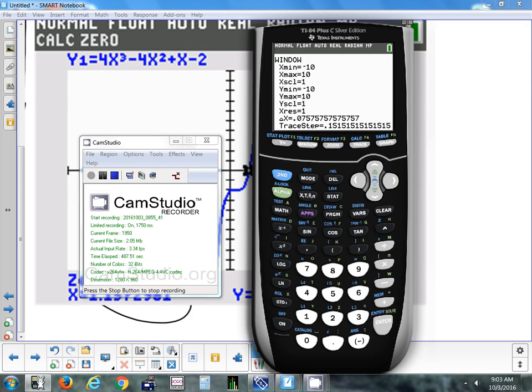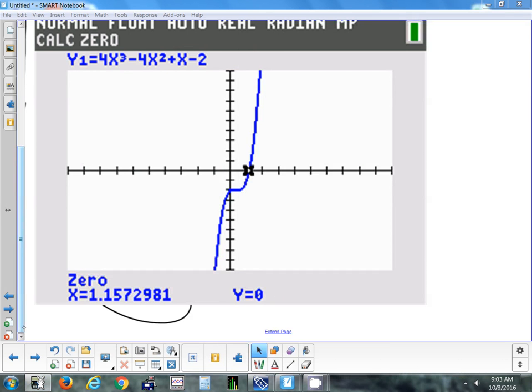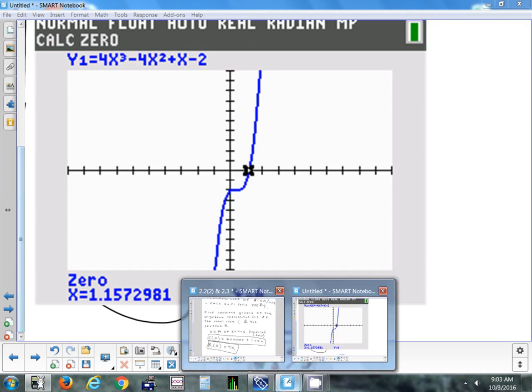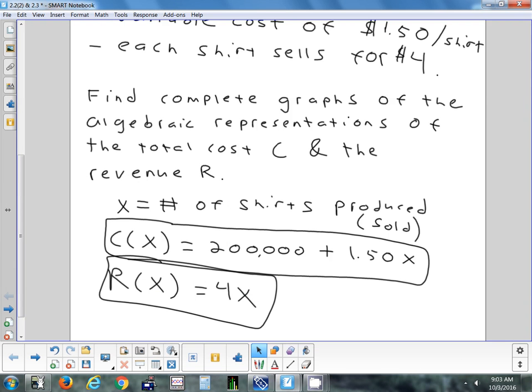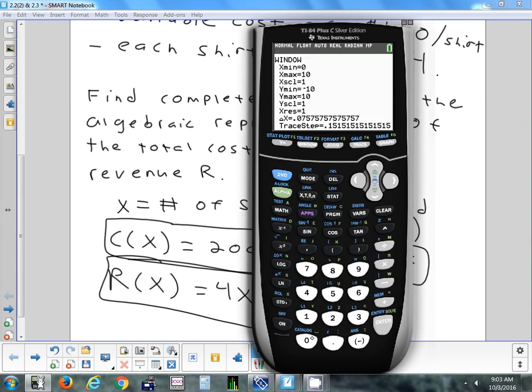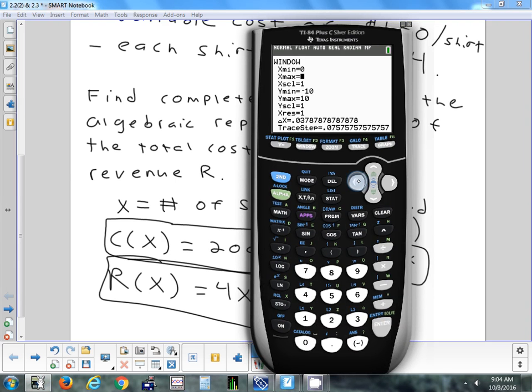All right, so how about x minimum? Is there a minimum number of shirts that makes sense in this problem? 0. Yeah, I wouldn't look at negative shirts. Okay, maximum number of shirts we sell, we don't know. Let's just say 10,000 shirts.